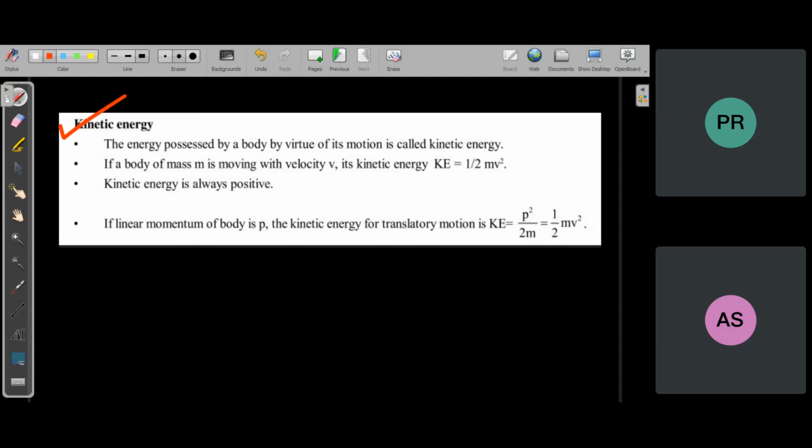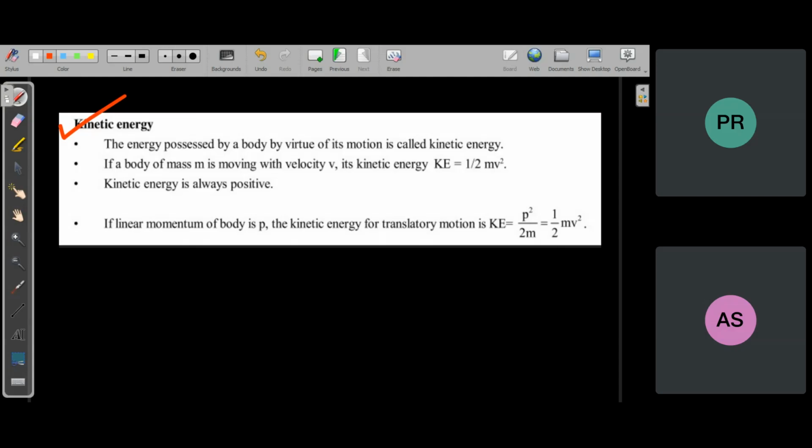For example, you are sitting in a car, and the kinetic energy of the car with respect to the car frame becomes zero. So it is a frame dependent physical quantity, and mathematically it is defined as half mv square, where m is mass and v is speed.